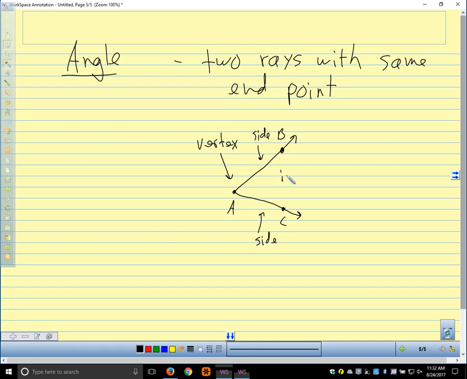In here is the interior, and out here is the exterior. So when you hear a description of something and it says point F is on the interior of the angle, that means it's somewhere in here.